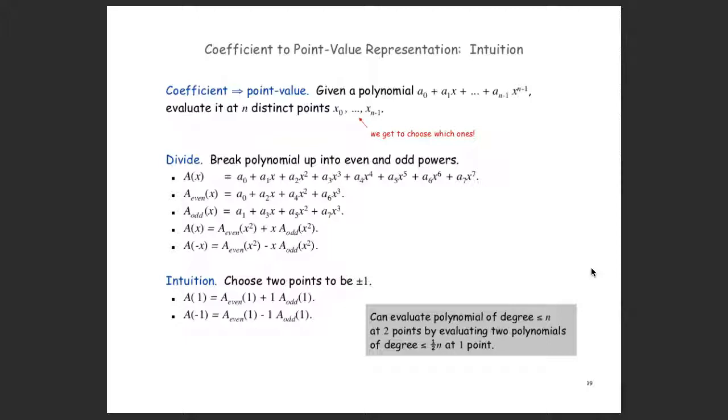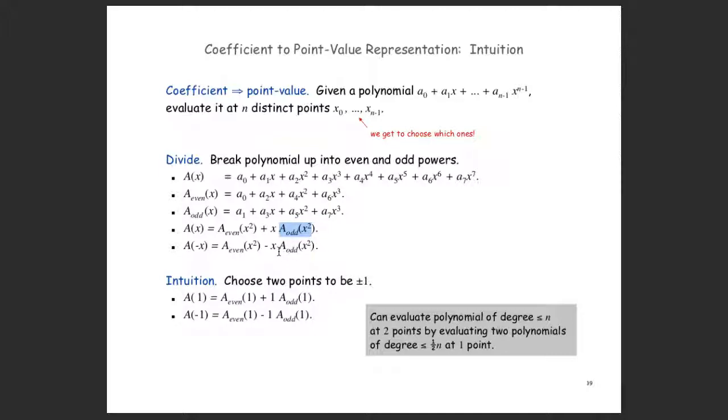Given that, if I try to evaluate at x and evaluate at minus x, I can obtain those two by only evaluating two polynomials, this guy and this guy.